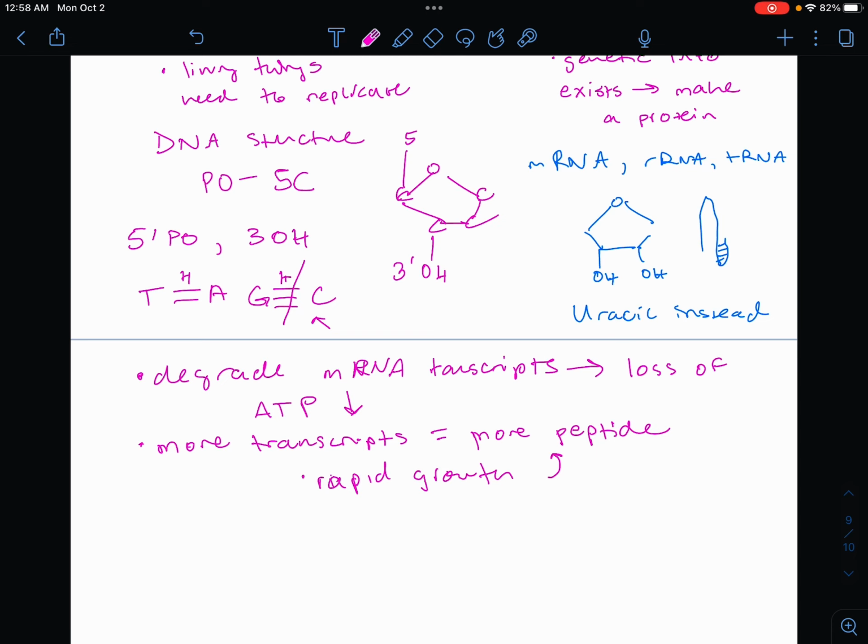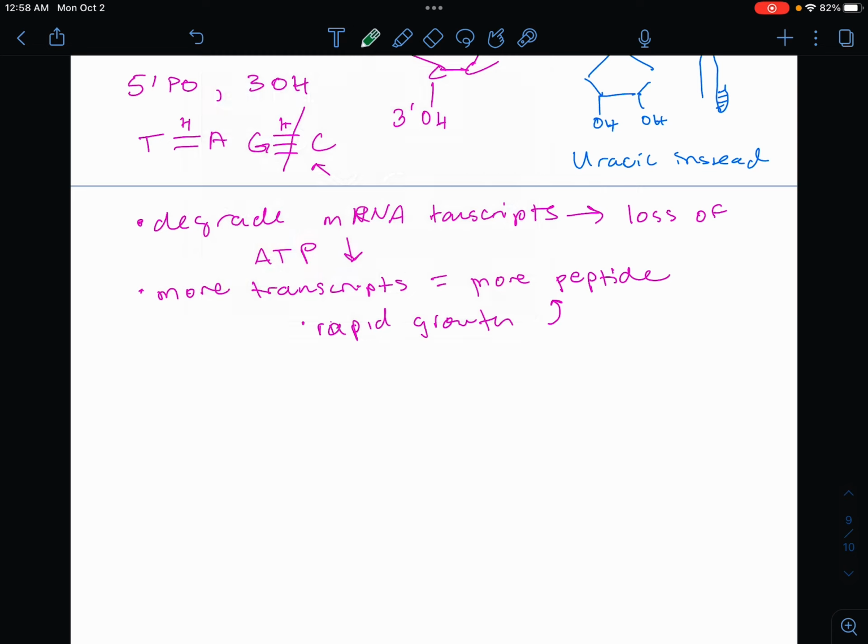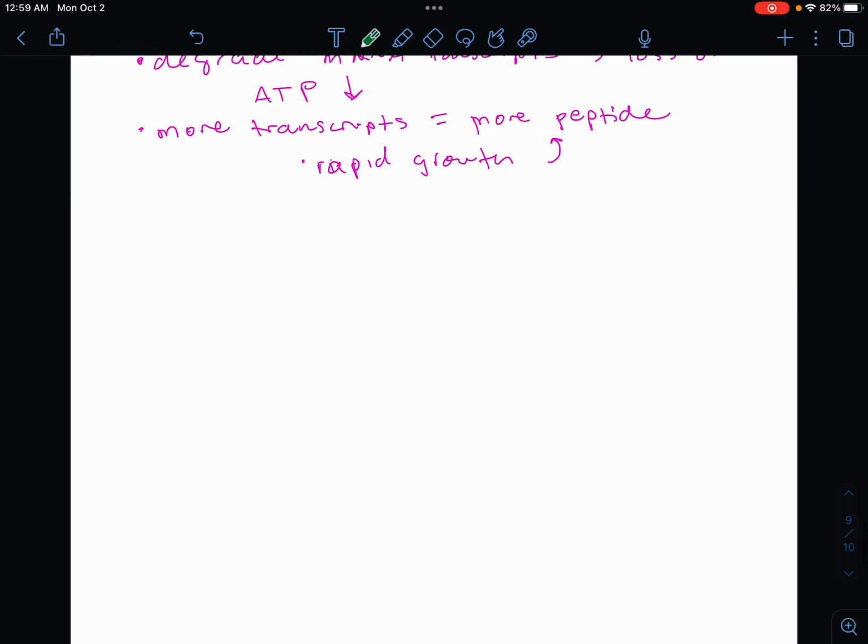All right, let's talk about the replication of a circular chromosome. And of course, the bacteria have a circular chromosome.